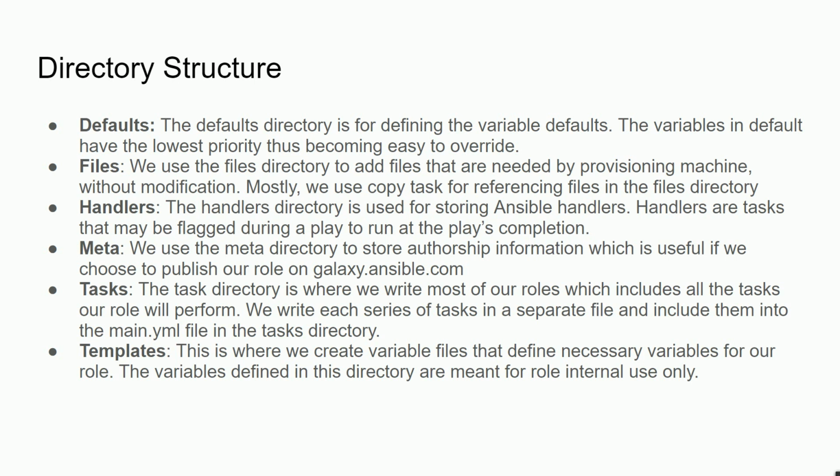So whatever tasks we want to perform using this role, we need to define in our main.yaml under the tasks directory. And the last one is vars. This is where we create a variable file that defines necessary variables for our role, and variables defined in this directory are meant for the role's internal use only.